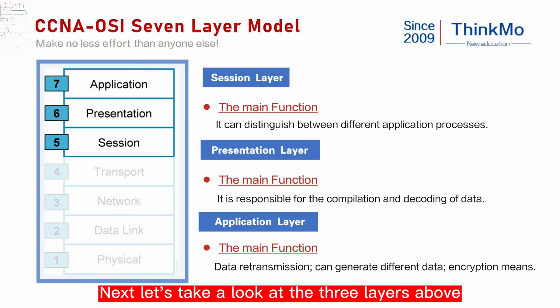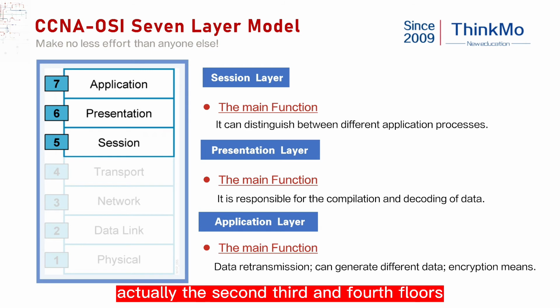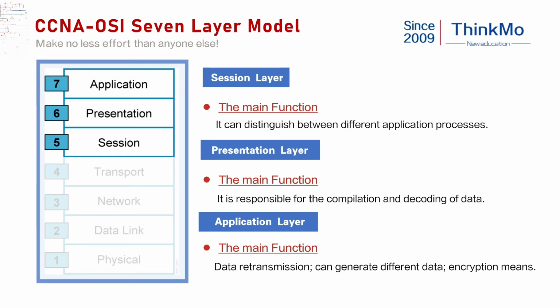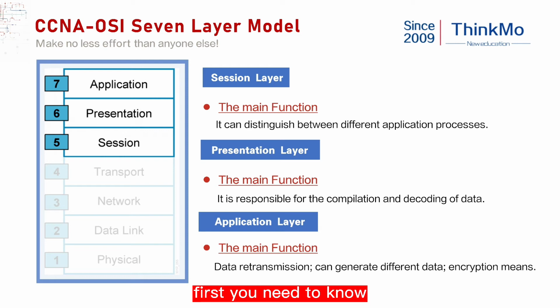Next, let's take a look at the three layers above. But as engineers, what we focus on is actually the second, third, and fourth layers. More precisely, we focus more on the second and third layers.